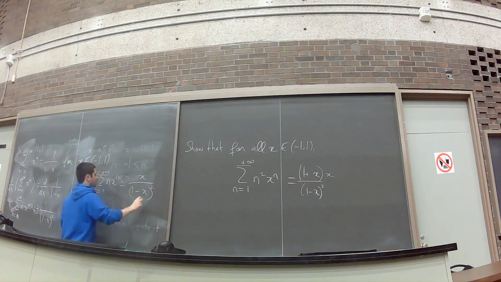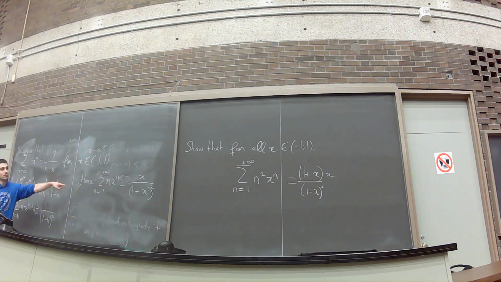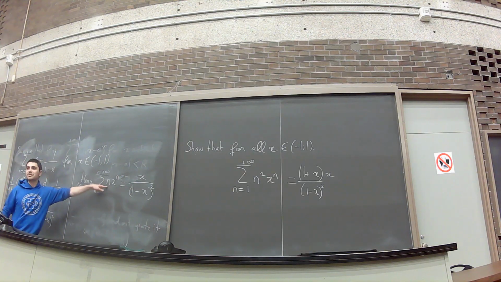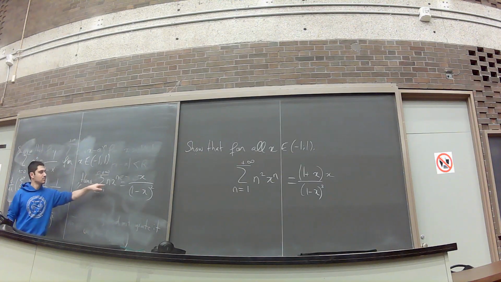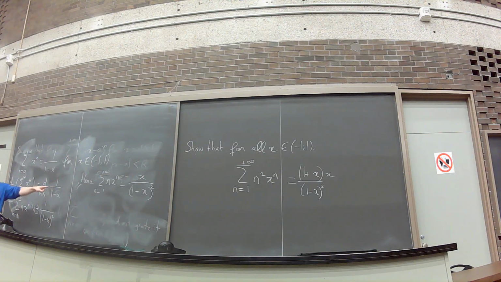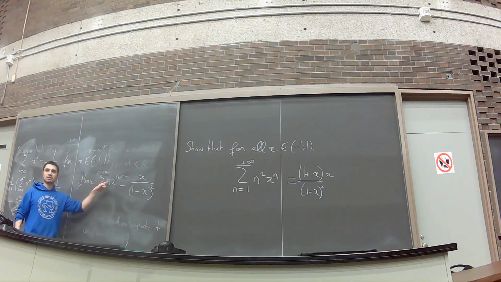Great. What do I do now? How do you get an n squared here? Well, multiplying by n is difficult, since n is the index and it varies, right? Now how do I bring this n down? What operation allows me to bring this n down?